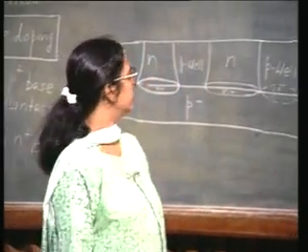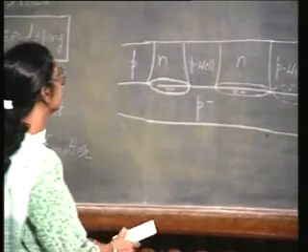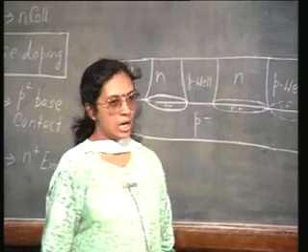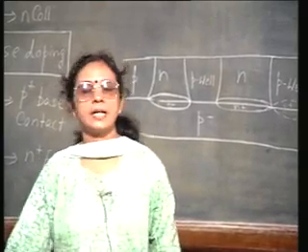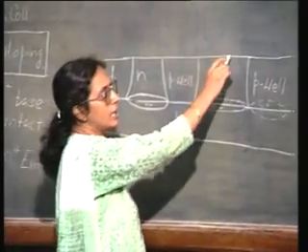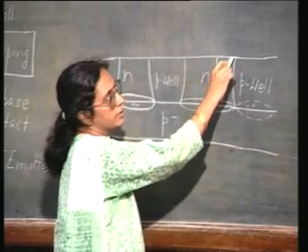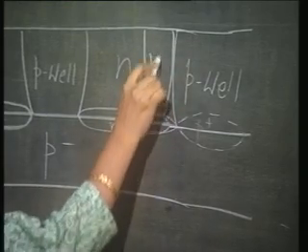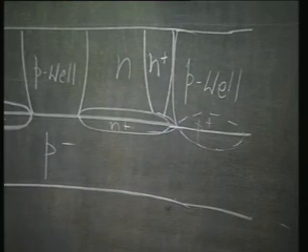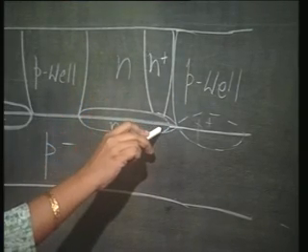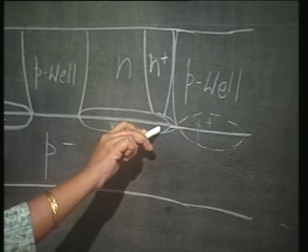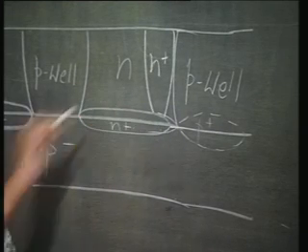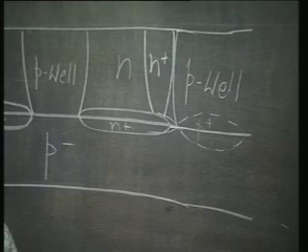And then remember, in this case I said that you can have a deep N plus region extending all the way down to the buried N plus in order to reduce the collector resistance. Okay.